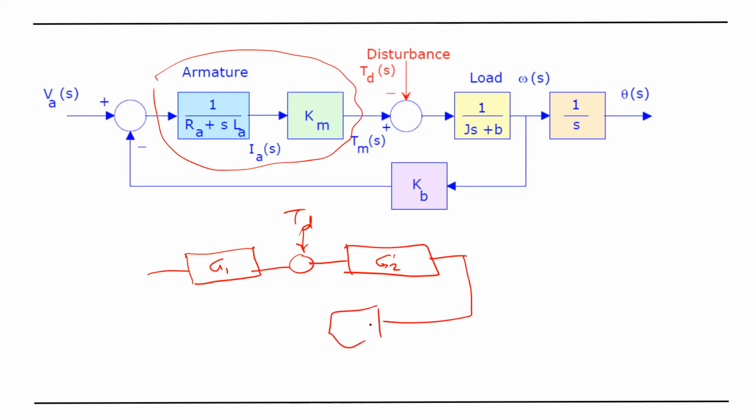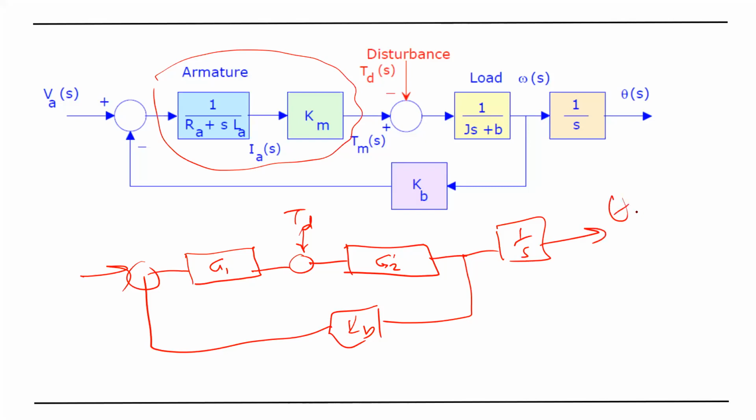This is KB. And this is 1 over S, theta S. Okay, assume TD equal to 0. Let me call this omega, and this is VA.